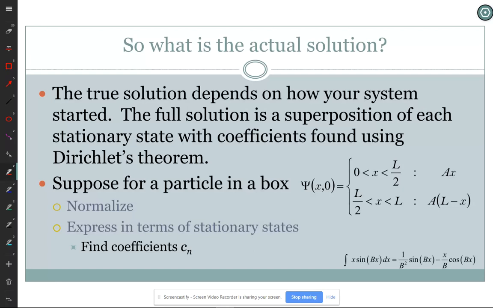A is the normalization constant. Oh, look, I brought the integral table, not noticing that I had also put the integral I need right there. So first we'll normalize it, and then we'll express it in terms of the stationary states, finding the coefficient C sub n. So what does it look like in real life?